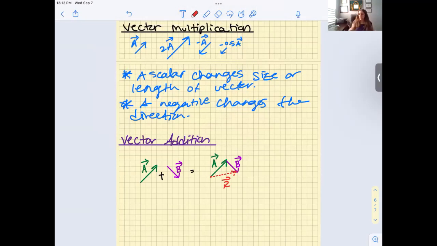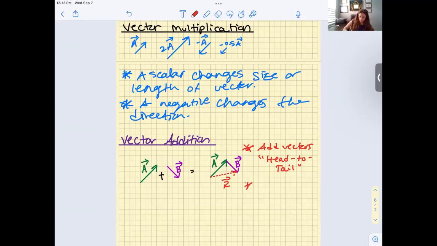So when we're adding vectors, we have to add, as they call them, head to tail. Okay, so you see, I took the head of A and I put it next to the tail of B in order to add.